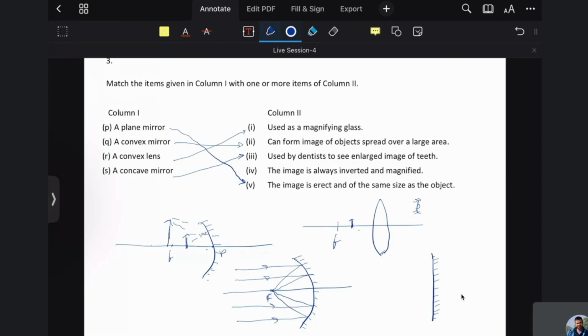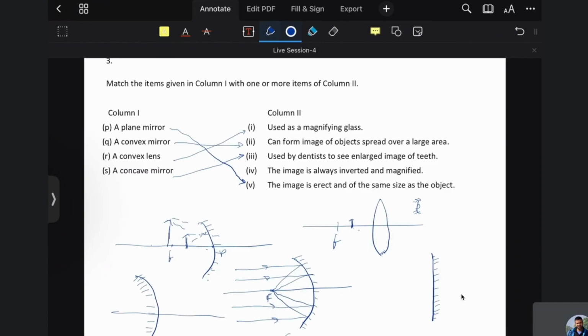And if you silver the other side of the same mirror, you get a convex mirror.